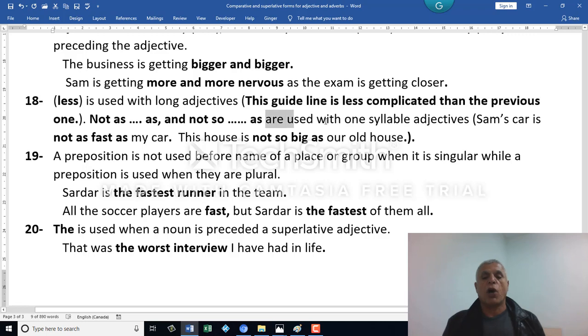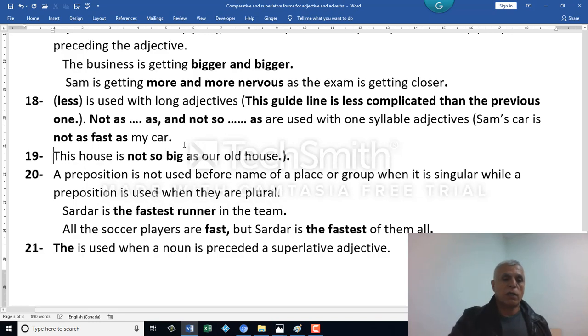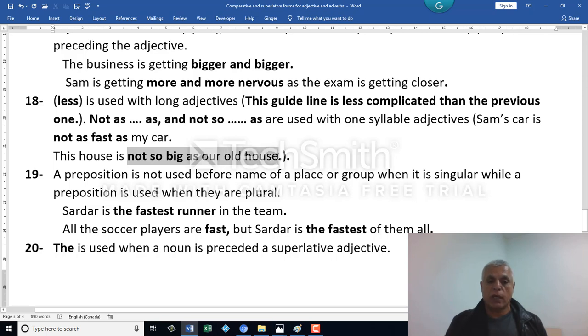Or use it with a one-syllable adjective. For example, Sam's car is not as fast as my car. If you see, comparing between two. For example, let's look here. Then we say, this house is not so big as our old house. Okay?